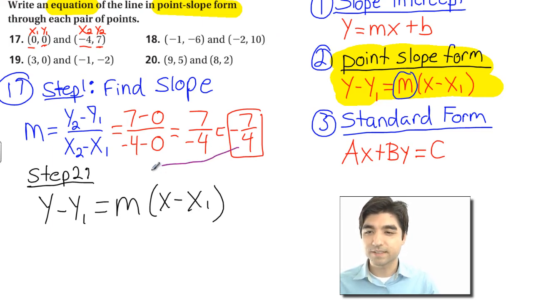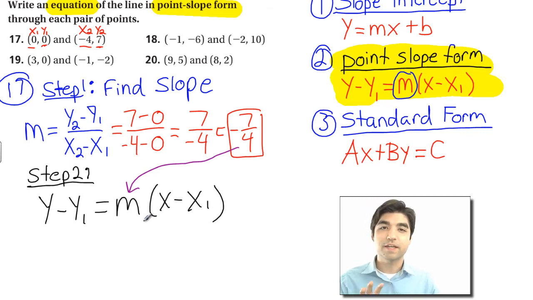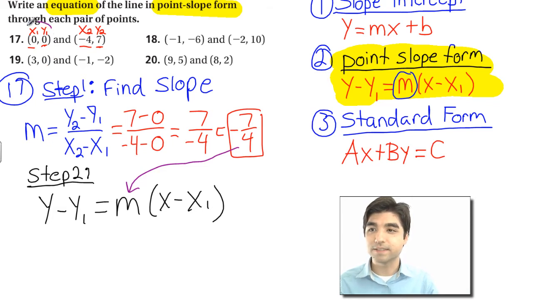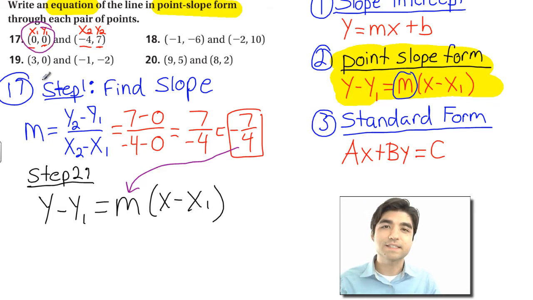So our slope is negative 7/4. You put it right in there. And then, okay, so this is the weird part. You pick any point, any one of the 2 points, and you put those into the equation. So the easiest one would probably be 0, 0 here. You'll get the exact same answer with either one of the points. Either one of the points will be right.